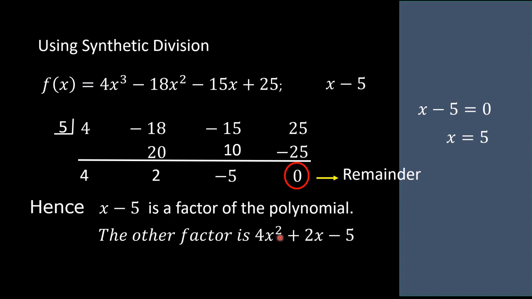Notice that this is 2, this is 3 minus 1 is 2, and then 2 minus 1 is 1. This is understood to be 1, 1 minus 1 is 0. This is understood to be negative 5 times x raised to 0.